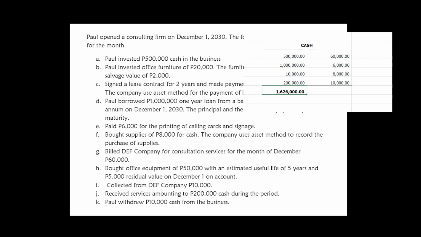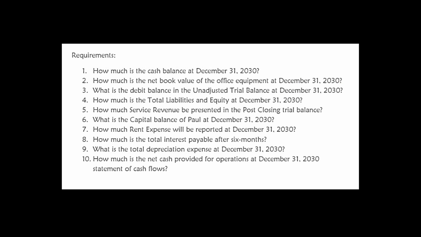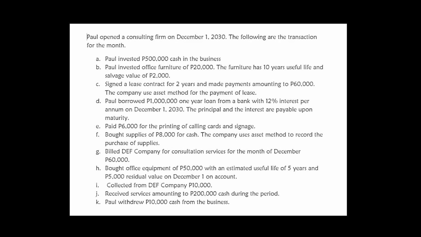Okay? Next requirement, how much is the net book value of the office equipment at December 31, 2030? So, again, hanapin lang natin sa transaction yung office equipment. So, saan ba yun? Ito, letter H. Bought office equipment of 50,000 with an estimated useful life of 5 years and a residual value of 5,000 on December 1.